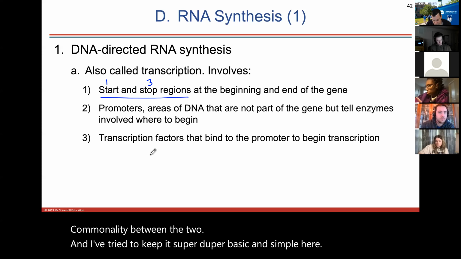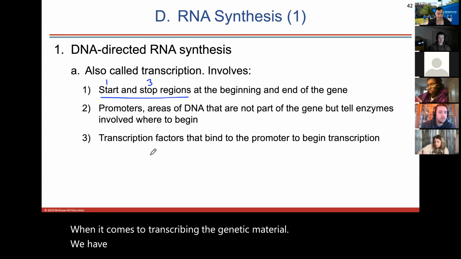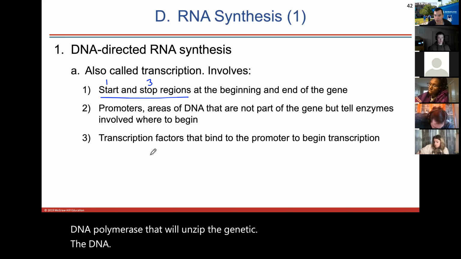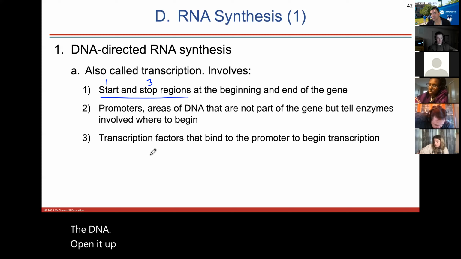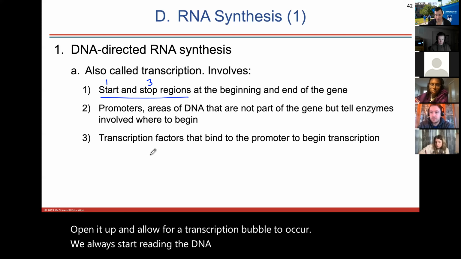When it comes to transcribing the genetic material, we have what's called DNA polymerase that will unzip the DNA, open it up, and allow for a transcription bubble to occur. We always start reading the DNA at one location. There is only one start spot.